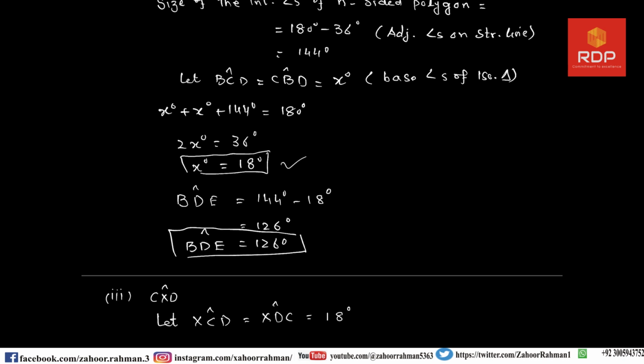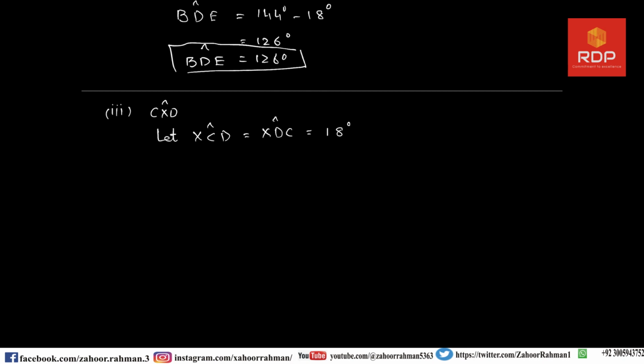So we can write that 18 degree plus 18 degree plus CXD, which actually we are going to find, will be equal to 180.